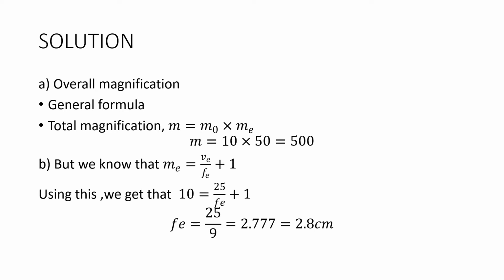So now the solution: overall magnification. The general formula, as you have proved, is M equals MO times ME, which means 50 times 10 gives 500 times.